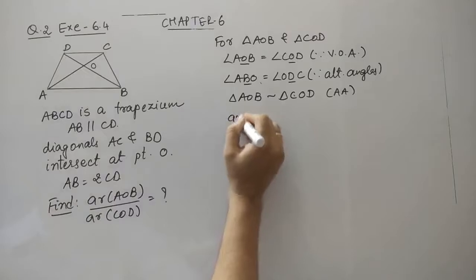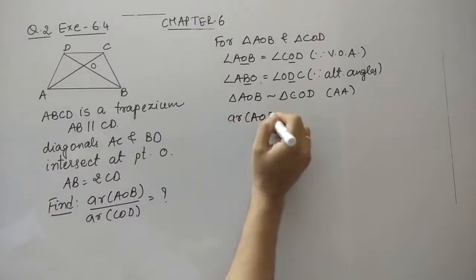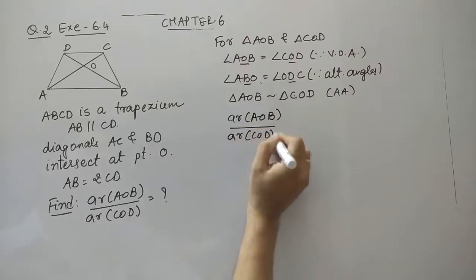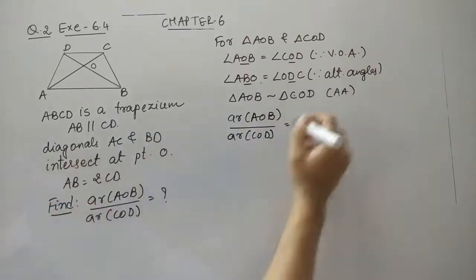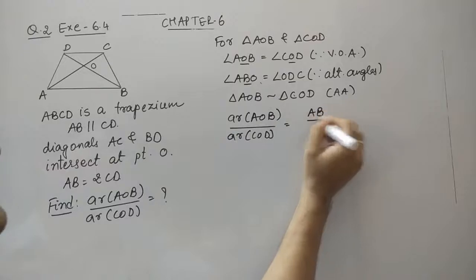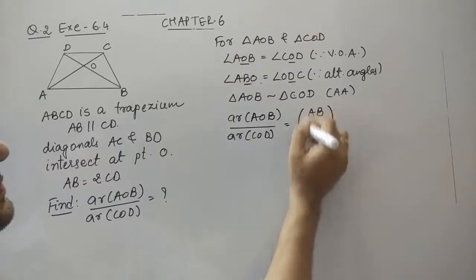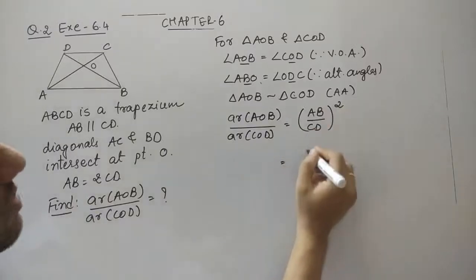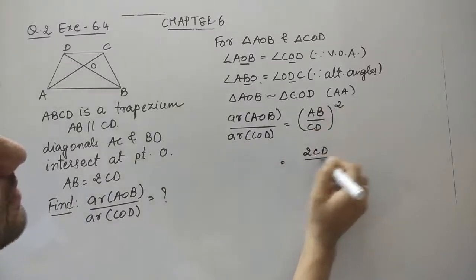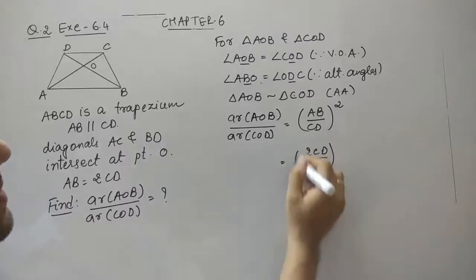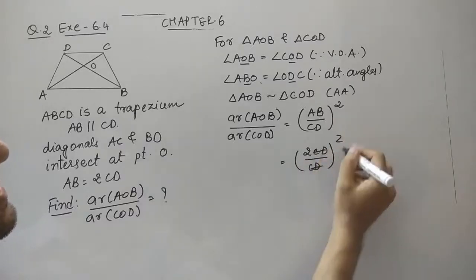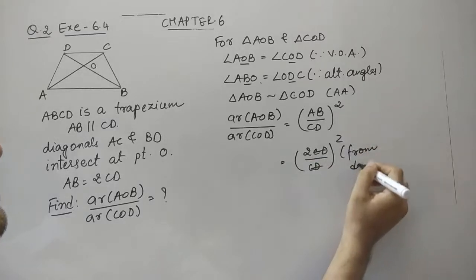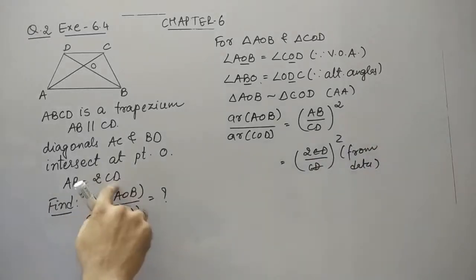So let us first note it down. By theorem 6.7, the ratio of the areas of two similar triangles is equal to the square of the ratio of their corresponding sides. But AB is twice CD, as written from the data.